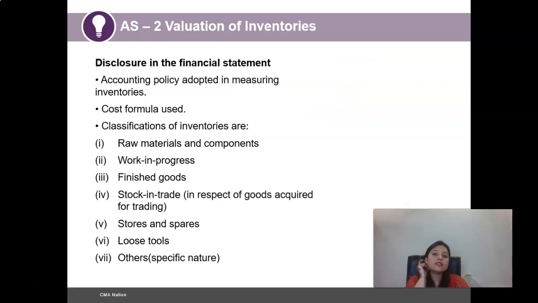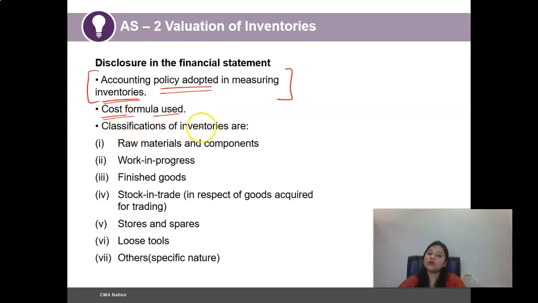Now, what are the disclosures that are required to be stated in the financial statements related to the AS2 valuation of inventories? Firstly, what is the accounting policy that has been adopted while measuring the inventories? Then, what is the cost formula that is used?